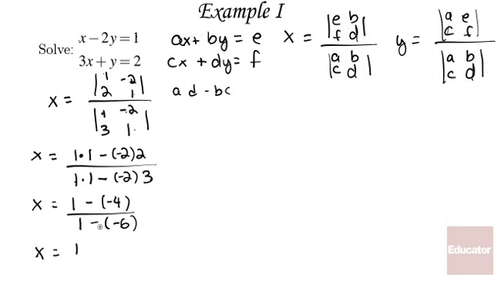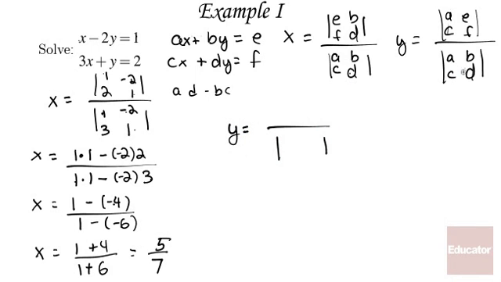A negative and a negative gives me a positive. Same here. Negative and a negative gives me a positive. So x equals 5/7.